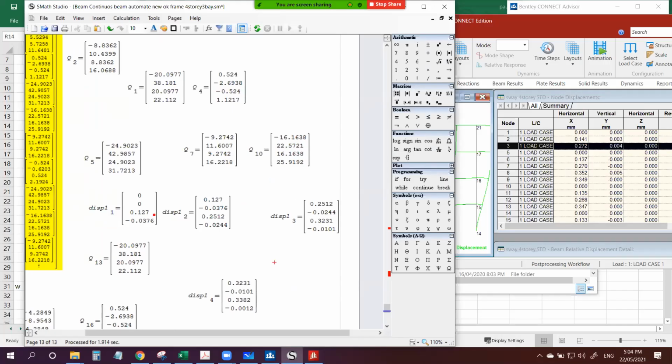So for member 1, our lateral displacement, STAAD gets 127. We're getting 141. Okay, for member 2, STAAD gets 127 and 0.25. We're getting 141.27. Okay, for the third floor, we're getting 0.32. Where's our joint here?